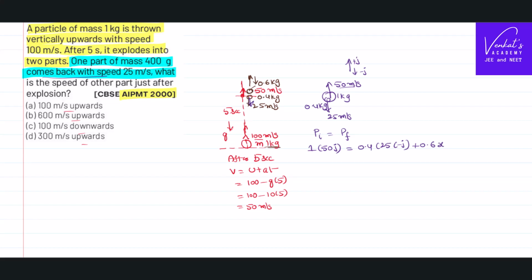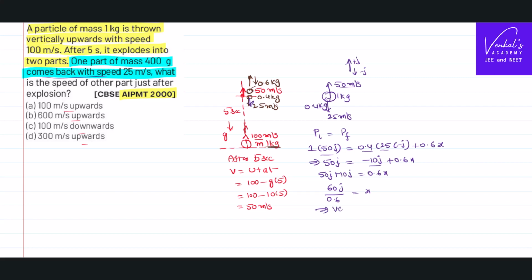So I'm just writing an X. That implies, simplify this, 50J equal to minus 10J, 0.4 into 25 is 10, plus 0.6 into X. This minus 10J when it comes to other side becomes a plus 10J. 50J plus 10J equal to 0.6x. 60J by 0.6 is X.